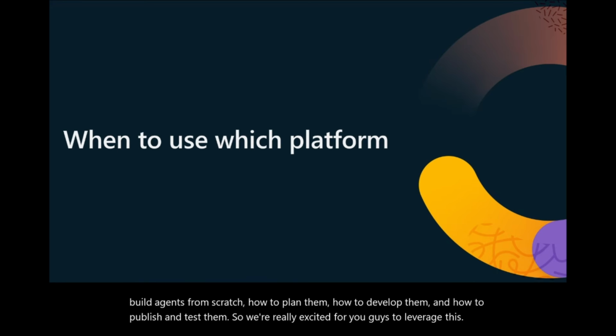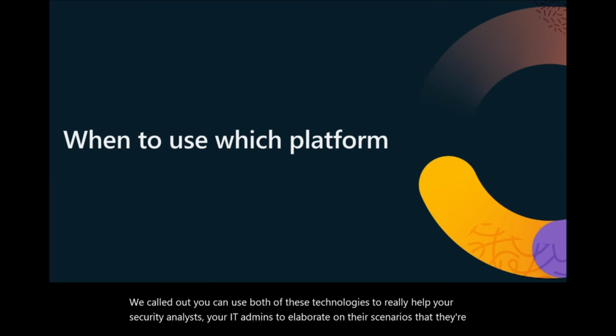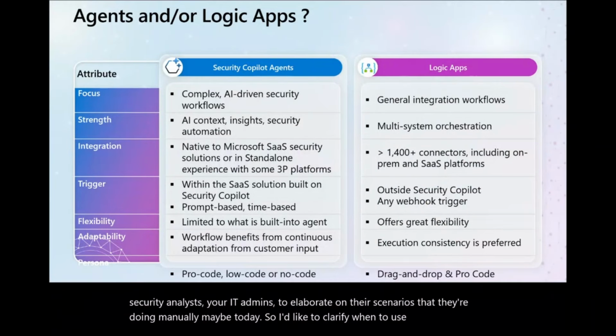Now, we called out that you can use both of these technologies to help your security analysts and IT admins with scenarios that they're doing manually today. So I'd like to clarify when to use which platform. We have two.